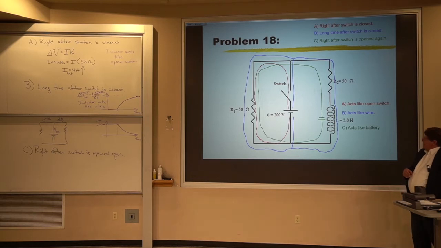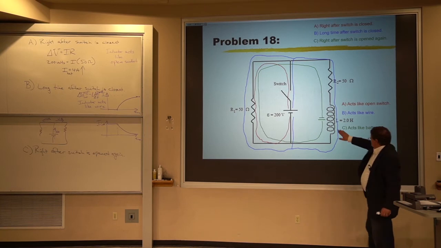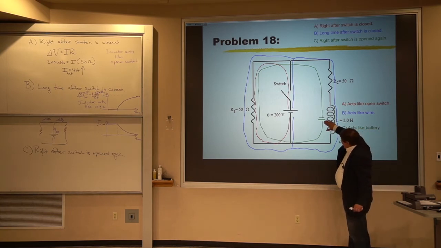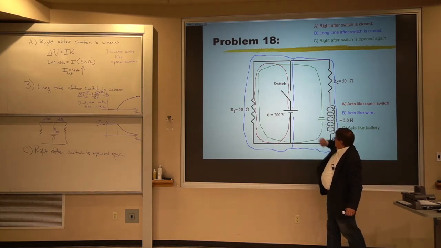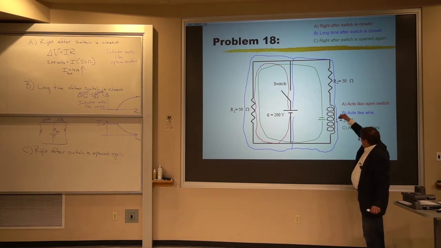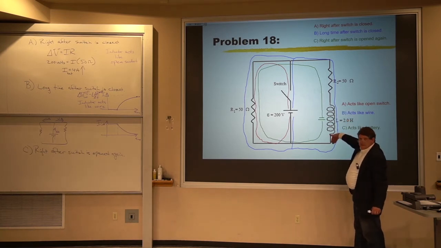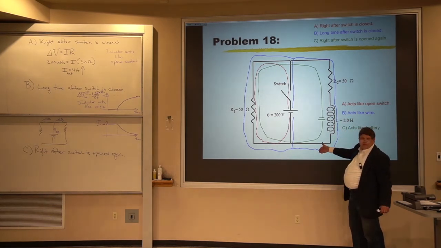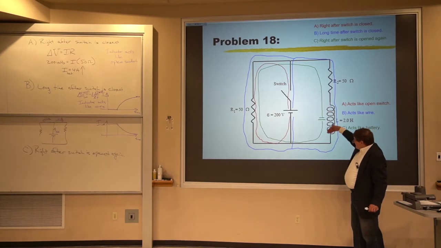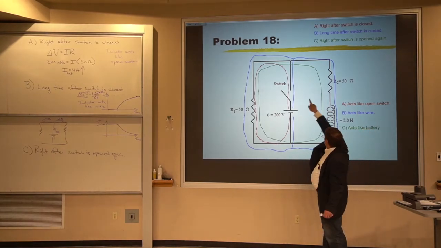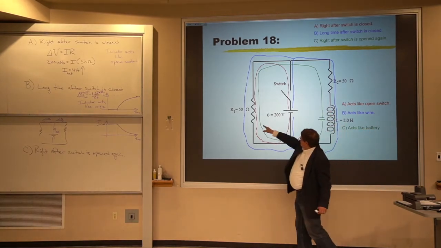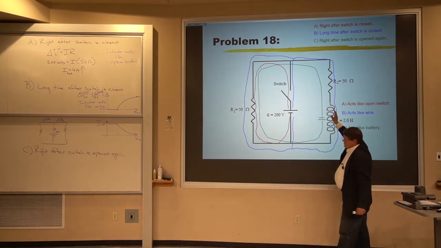Well, how big of a battery does it act like? Well, that battery, first of all, is driving current around clockwise. Remember, before we opened the switch, we had 4 amps going down this inductor. We can't change that instantly. I still have to have 4 amps going down through that inductor. Well, that 4 amps has to go all the way around. It has to go through R1 and it has to go through R2.